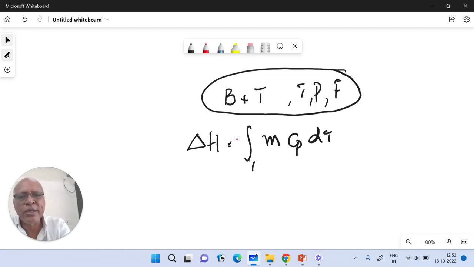So this integration is normally done between some reference temperature and the required temperature that you have in mind. Do you agree with this equation? Arbitrarily, we may be defining the enthalpy of this reference state as 0. So the absolute enthalpy is nothing but the enthalpy change between the reference temperature and the present temperature. This probably is all right.